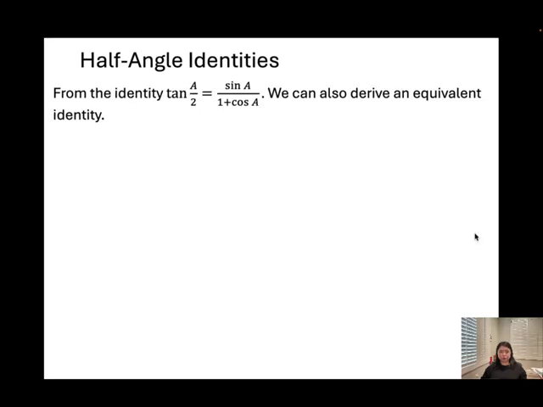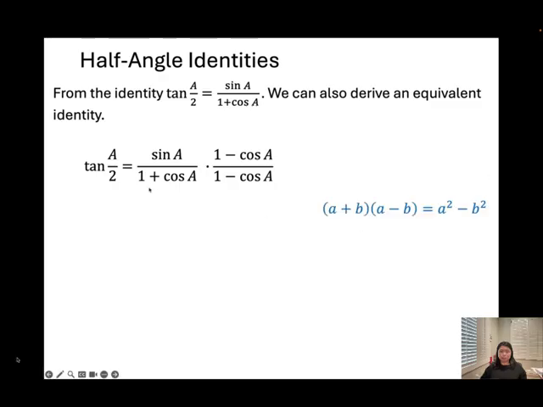How about the third one? We start working from the previous line. I'm going to multiply by the conjugate of 1 plus cosine a. Remember what the conjugate of 1 plus cosine a is? You multiply by 1 minus cosine a over 1 minus cosine a. Then you apply the formula: a plus b times a minus b equals a squared minus b squared.